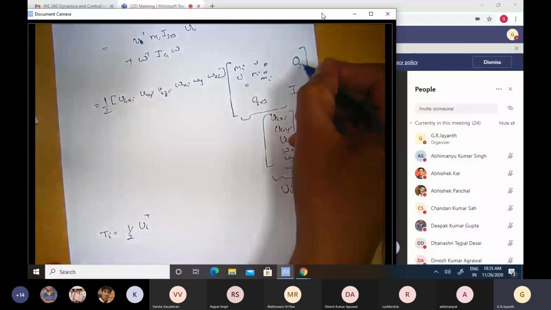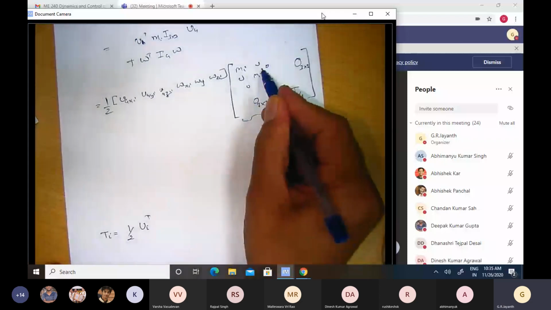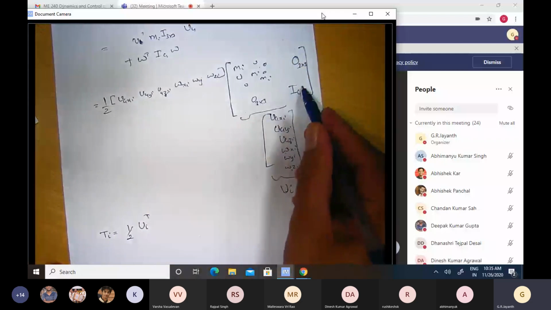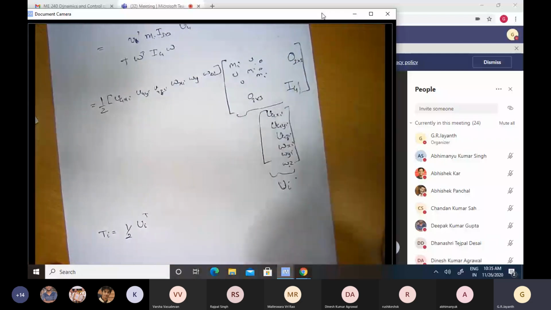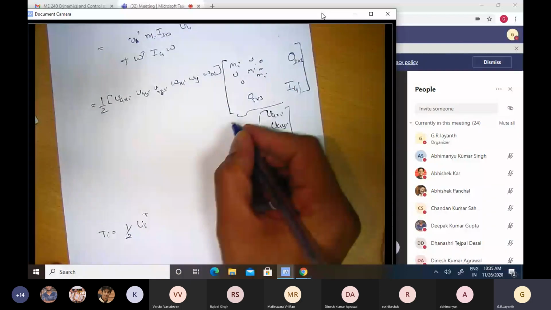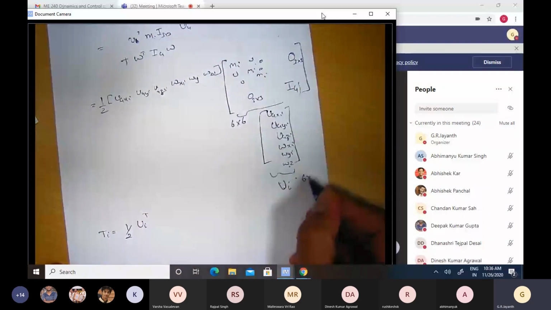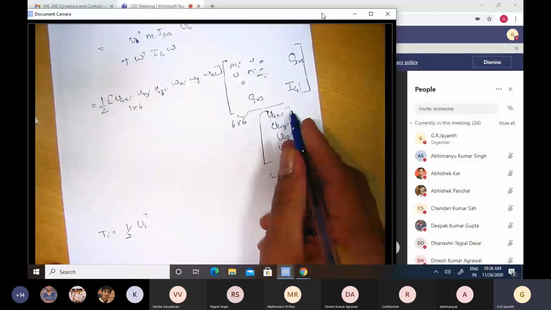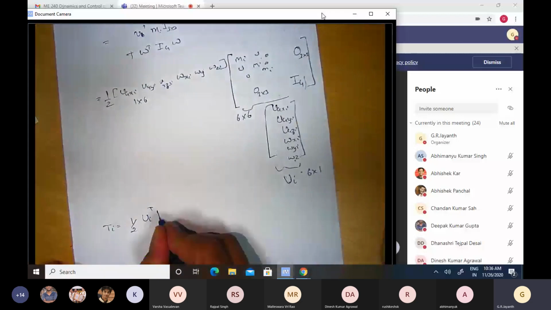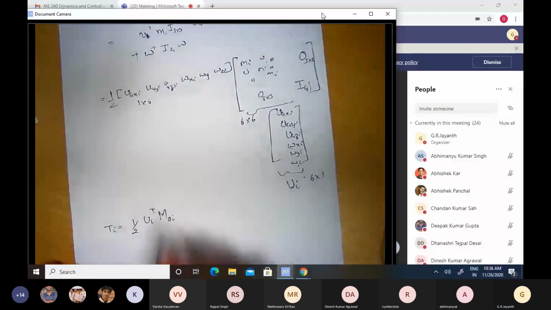Okay, and then there is a diagonal matrix with the mass Mi along the diagonal, and then there is an inertia matrix which is not necessarily diagonal, but it's a symmetric matrix. So that's there, and I call that overall matrix a 6 by 6 matrix, right? Because Ui is a 6 by 1 vector, and this is a 1 by 6 vector, and this is a 6 by 6 matrix. When I multiply everything, I get a scalar, namely the kinetic energy. Ui transpose M0i Ui. I call this capital M0i.